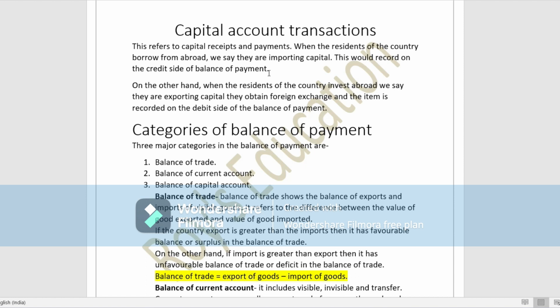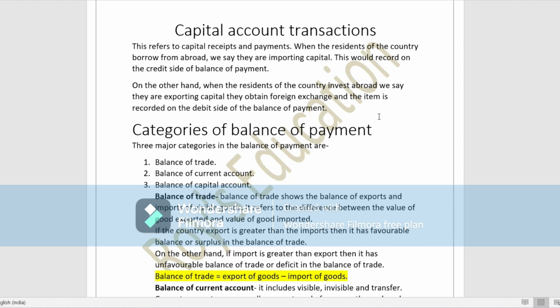Why will it be recorded on the credit side? Because it is receiving foreign exchange. Any foreign exchange received will be recorded on the credit side, which we have already discussed in the previous video. And on the other hand, when the residents of a country invest abroad, we say they are exporting capital.